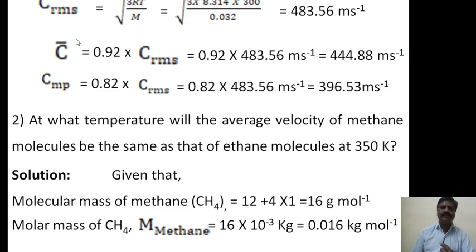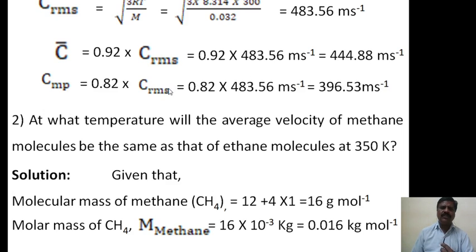Again we know the relationship between root mean square velocity and average velocity. Therefore we can write that average velocity is equal to 0.92 into root mean square velocity. Substituting the value we got, average velocity is equal to 0.92 into 483.56 meter per second, which is equal to 444.88 meter per second.